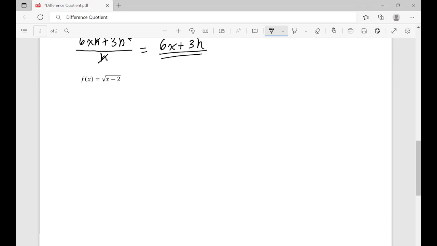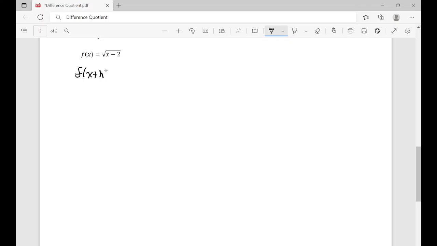And last, we're going to do the difference quotient of the square root of x minus 2. Again, f of x plus h is just going to give you the square root of x plus h minus 2. Now this one's going to go a little bit different, so pay close attention.